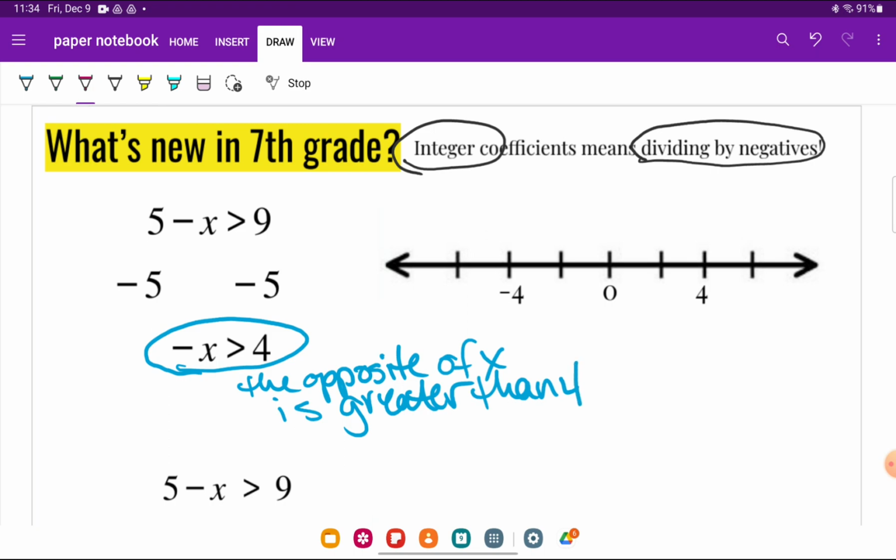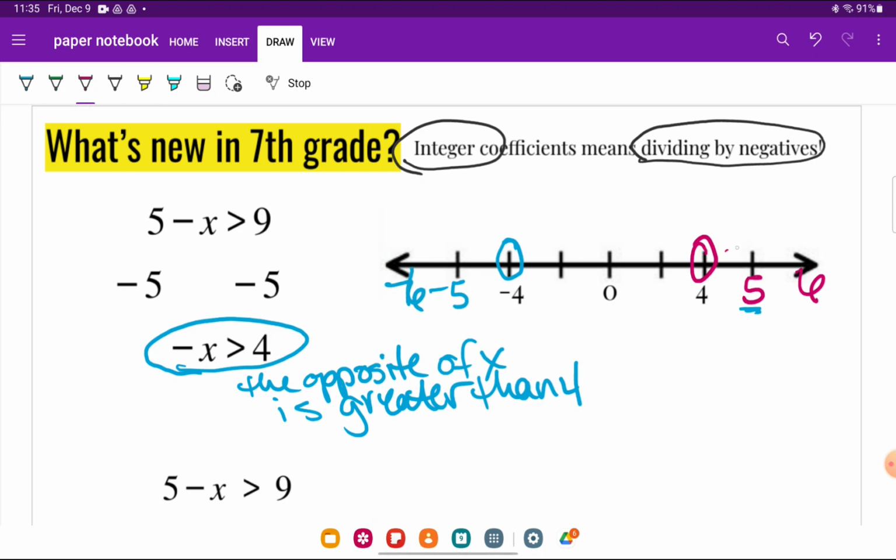So when I look at my number line, there's 4, and the opposite of 4 is negative 4. Greater than 4 would be 5. The opposite of 5 is negative 5. 6 and negative 6.